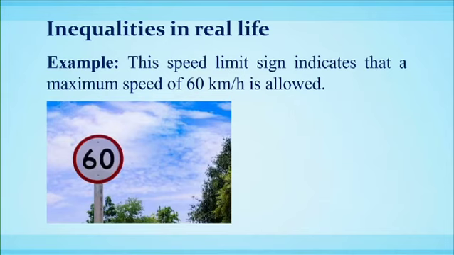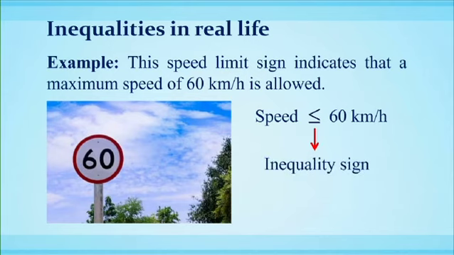That means that you can't go beyond 60 km per hour, right? So how do we write that? The maximum speed should be less than or equal to 60. You've seen that sign? That's what we call the inequality sign. So it is less than or equal to.